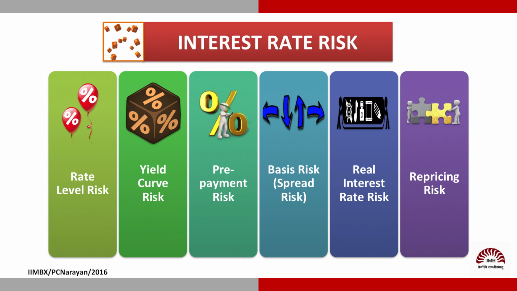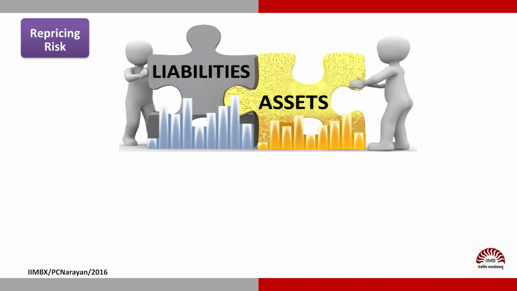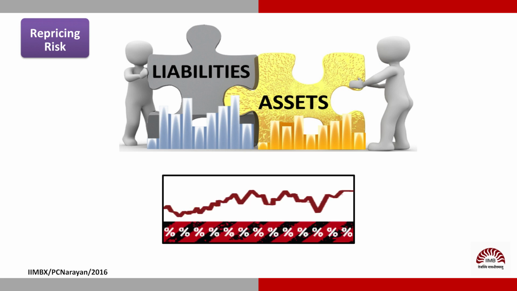6. And finally, repricing risk. This is perhaps the most significant type of interest rate risk, arising primarily from the difference in maturities of assets and liabilities that are sensitive to movement in interest rates.